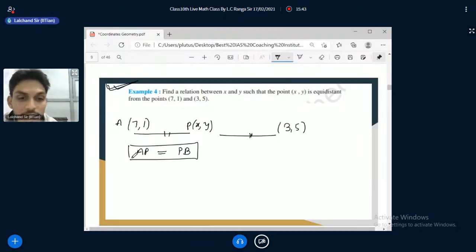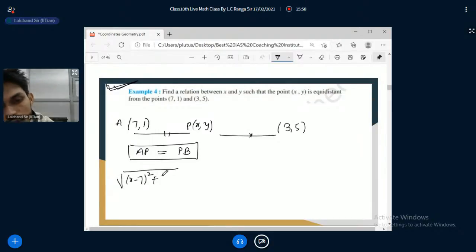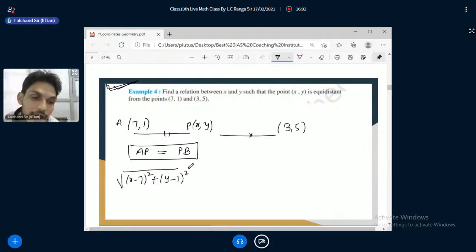If we write distance formula for both the distances AP and PB, for AP we can write square root of (x minus 7) square plus (y minus 1) whole square, isn't it?